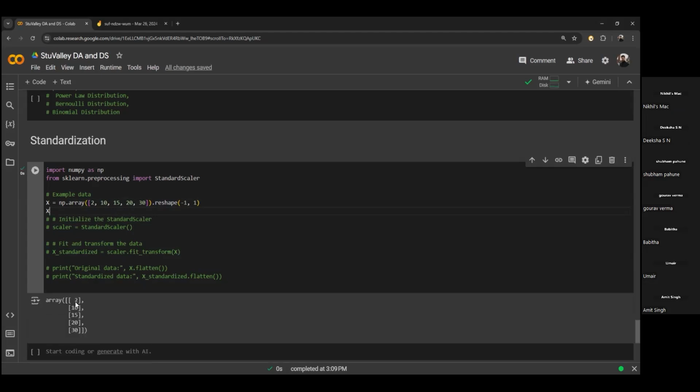Yeah, see this. This is our X, right? It was linear data, and we have converted it into something like a column, right? So it is very necessary to put in our data. Okay, then what do we do?